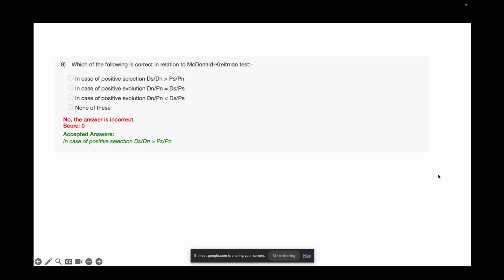The answer is the first option, sorry, the first option, which is DS by DN greater than PS by PN. So these are the conditions from these tests.